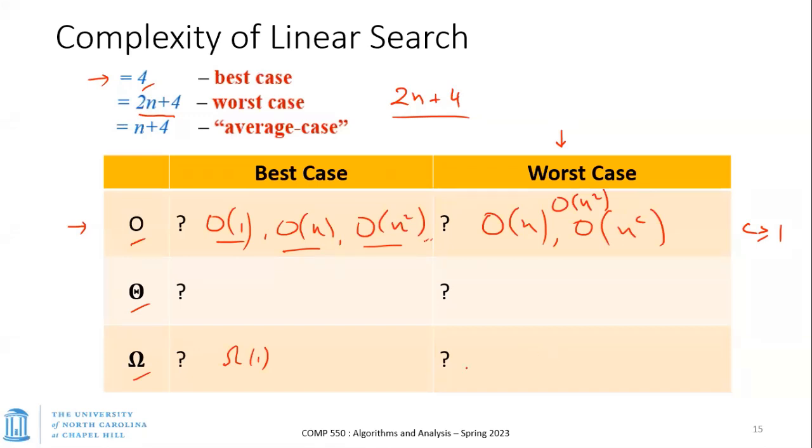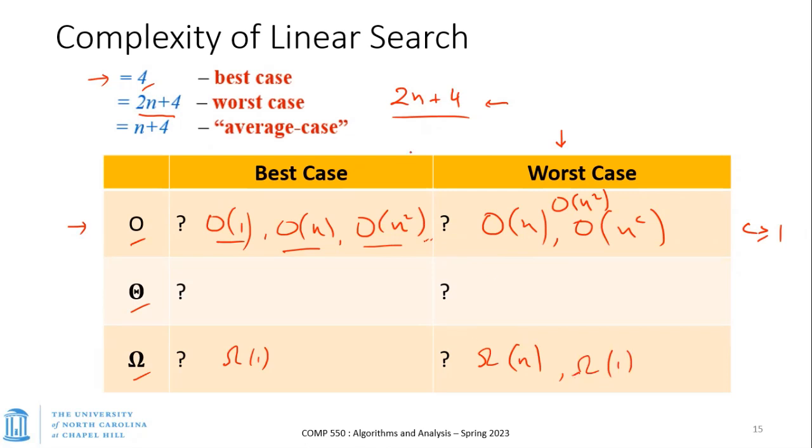What about the omega notation for the worst case? Okay, so what's the omega notation for 2n plus 4? Somebody else? Yes. Omega of n and omega of 1, right? So would people agree to that?